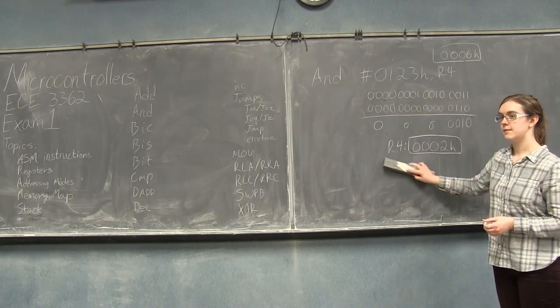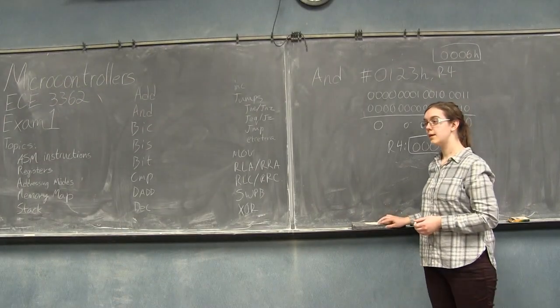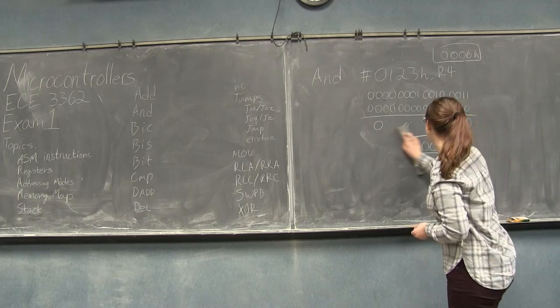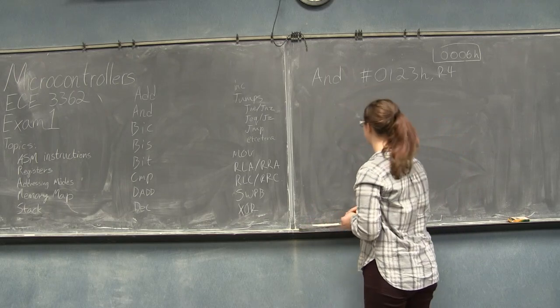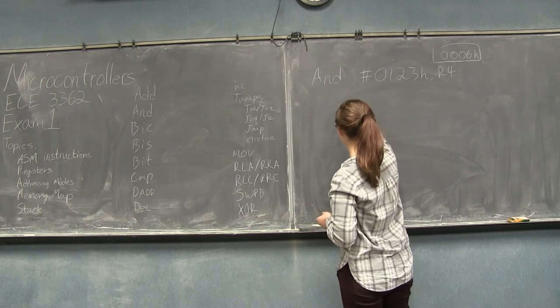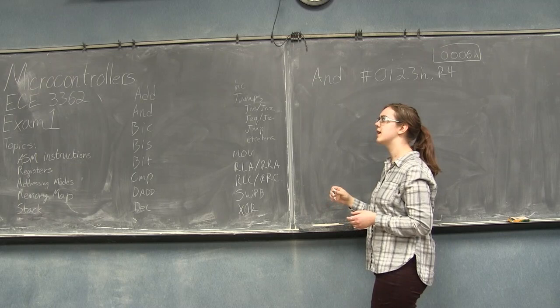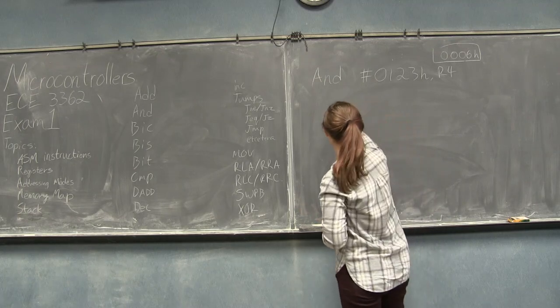So just like 1, 0 is going to be 0? Yeah, so the truth table of AND. You should remember this from your modern digital class.